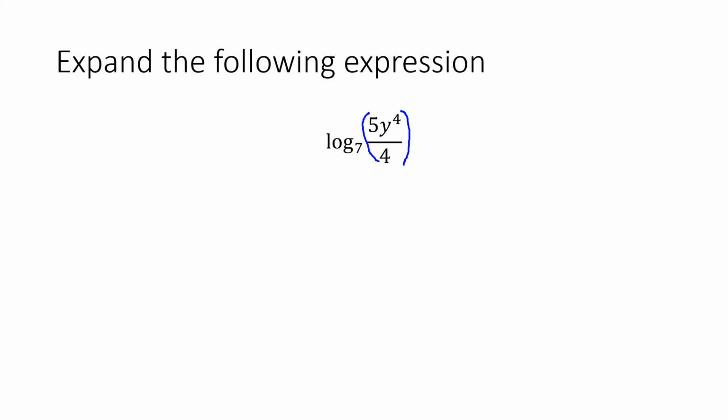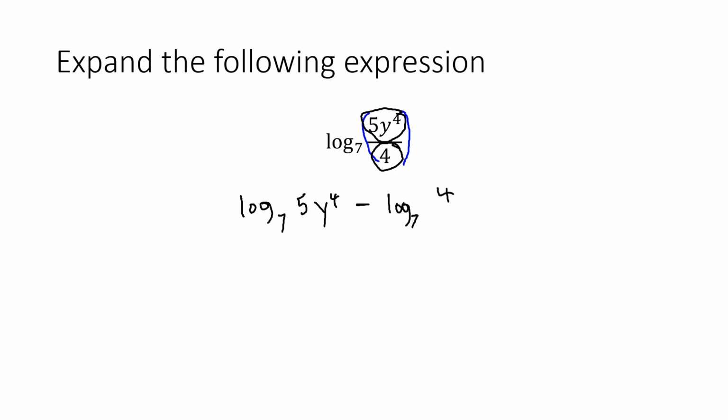Our quotient rule says whatever we're dividing, we can rewrite it as subtraction. So we're going to say log base 7 of 5y to the 4th minus log base 7 of 4.